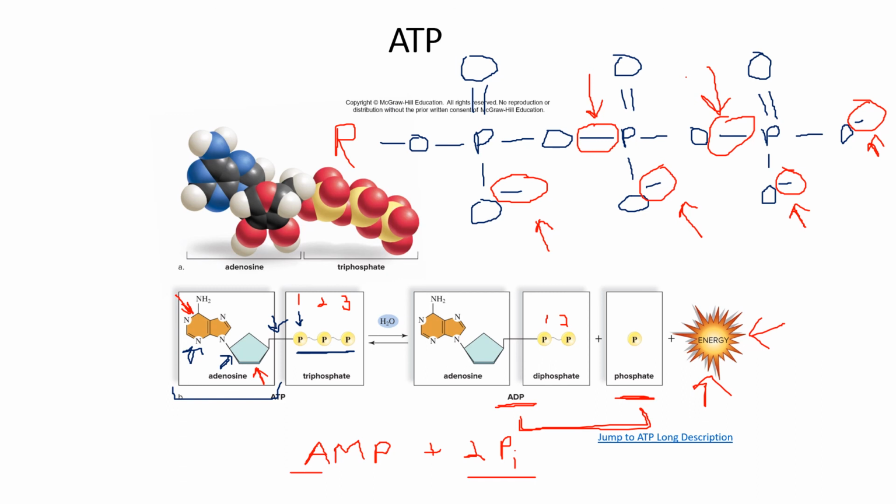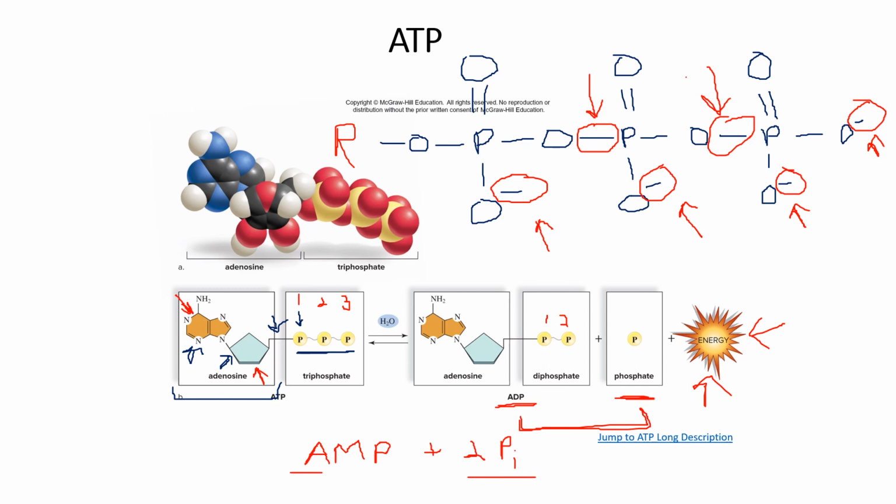So RNA is single-stranded, DNA is double-stranded, RNA is ribose, DNA is deoxyribose, RNA has uracil, DNA is thymine. Some other things I may test you on. RNA can be anywhere in the cell, but DNA is typically restricted to the nucleus. The only time DNA is let out is during cell division.